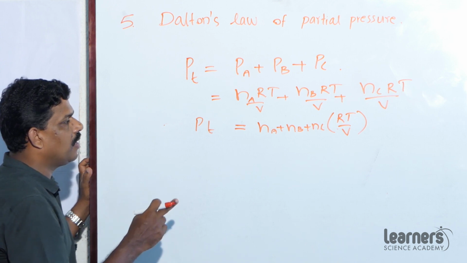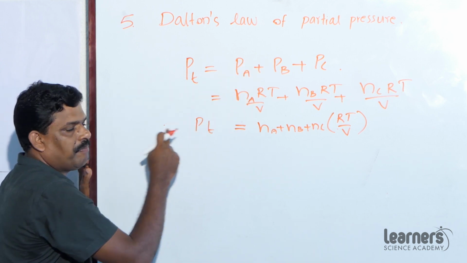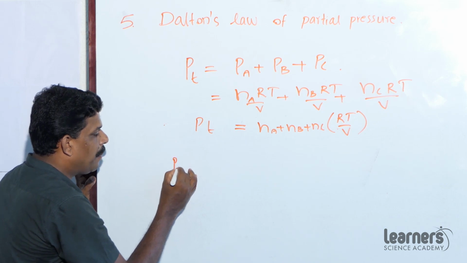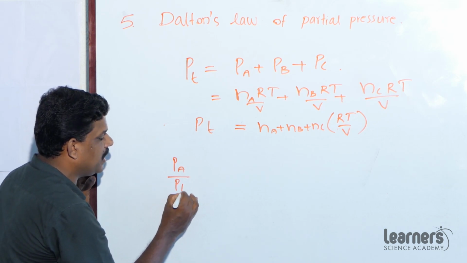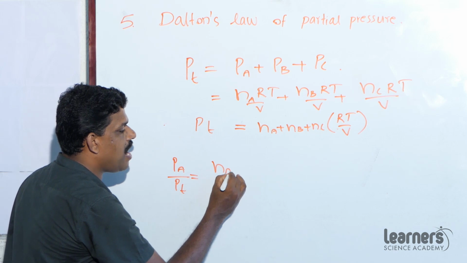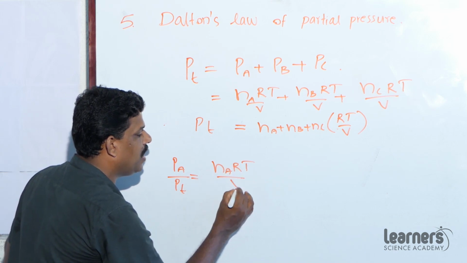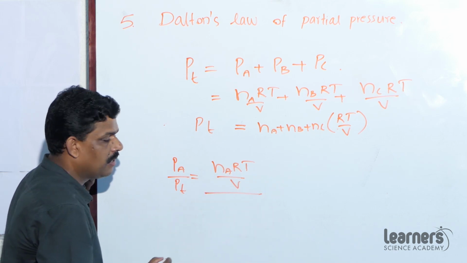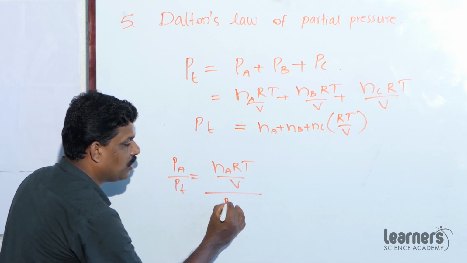Dividing each one by P total, we have PA by P total is equal to nA RT by V divided by P total.